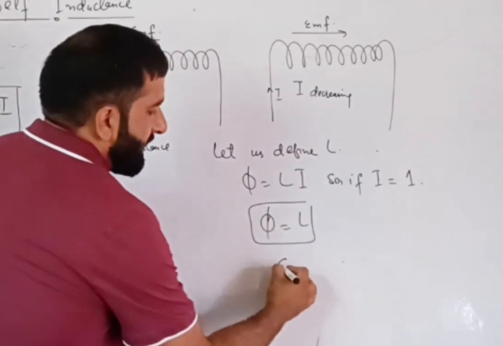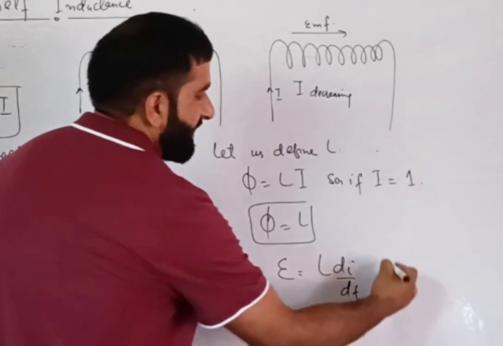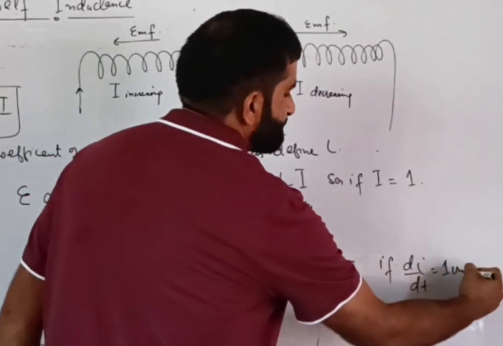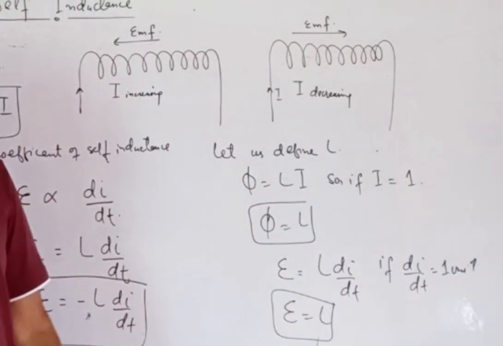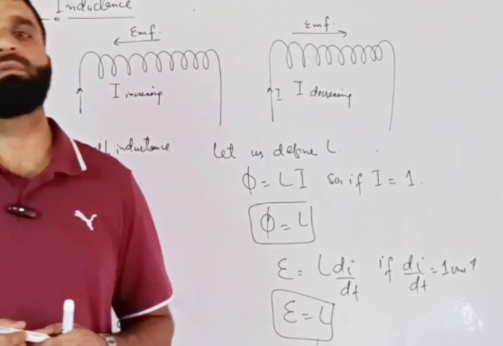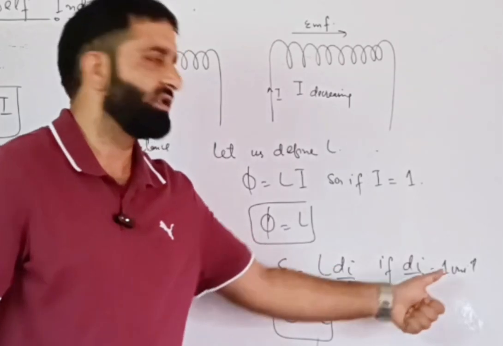Now also taking the magnitude of E, that is L di divided by dt, if di by dt is equal to 1 unit, in that case E will be equal to L. So we can define the coefficient of self-inductance as numerically equal to the EMF produced in the coil if the rate of change of current through that coil is 1 unit.